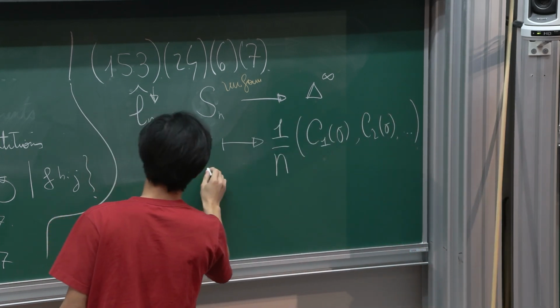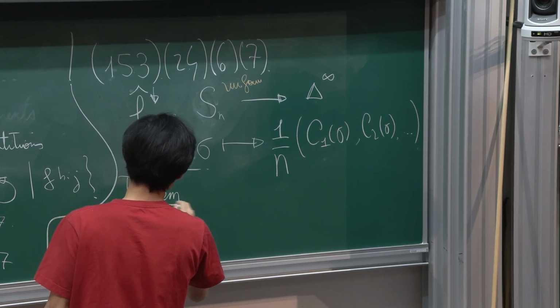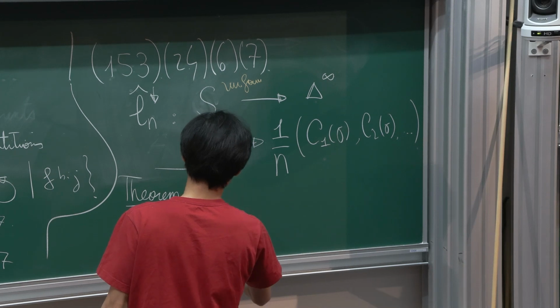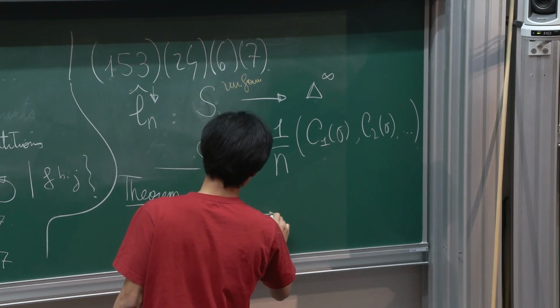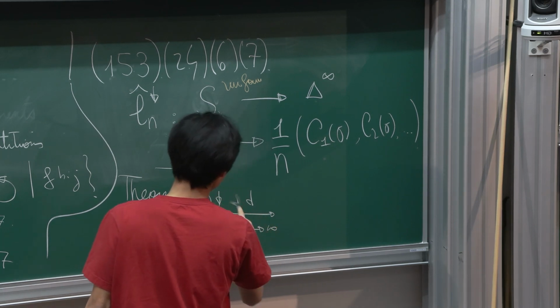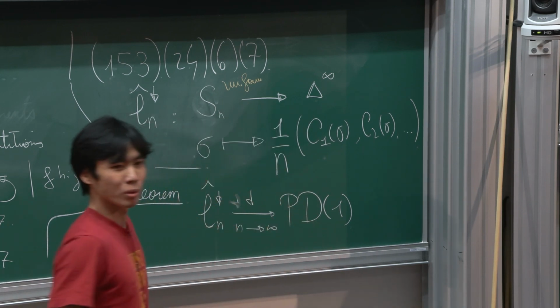So now you have a theorem which tells you that when you let n go to infinity, this converges to Poisson-Dirichlet with parameter 1.